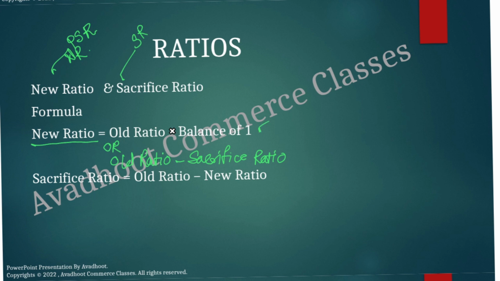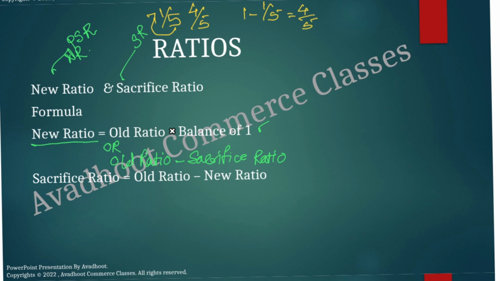When a new partner brings capital into the partnership for a 1/5 share, it means his share out of 5 is only 1. What's remaining? 4/5, that is the balance of 1. In mathematical terms, we can say 1 minus whatever is there, suppose 1/4 is there, 1/5 is there, 1 minus, in our example, 1/5 means the balance remaining is 4 upon 5.